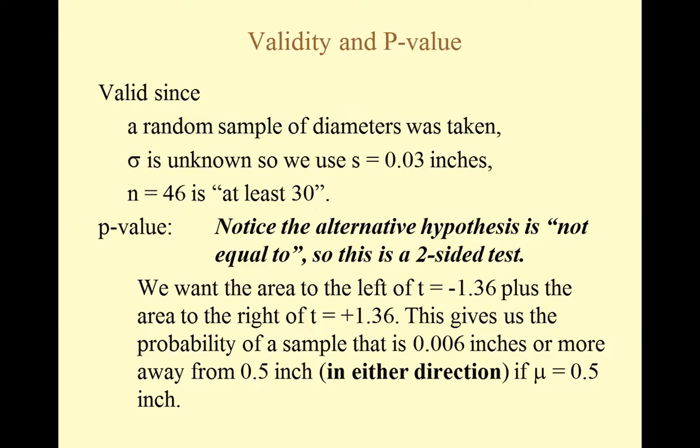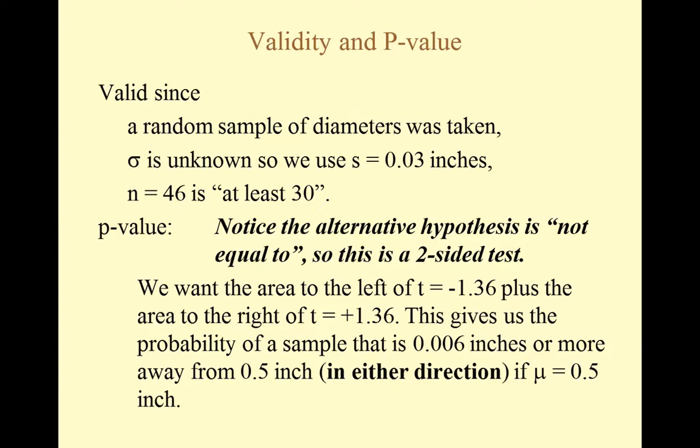Now for the p-value, notice the alternative hypothesis is not equal to, so this is a two-tailed test. We want the area to the left of t equal to negative 1.36, so that's the left side, plus the area to the right of t equal to positive 1.36.